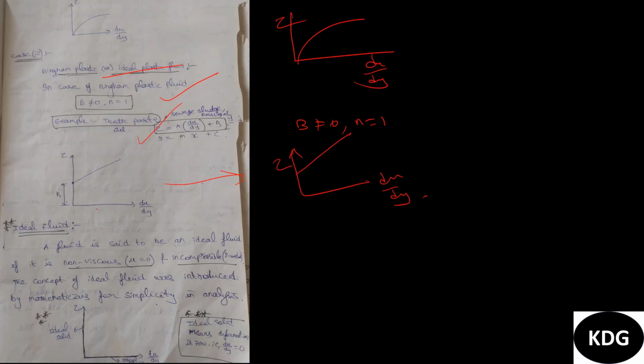Next, ideal fluid. A fluid is said to be an ideal fluid if it is non-viscous and incompressible. The plot is going to be like this, du by dy, ideal fluid, and this will be ideal solid. The concept of ideal fluid was introduced by mathematicians for simplicity in analysis.